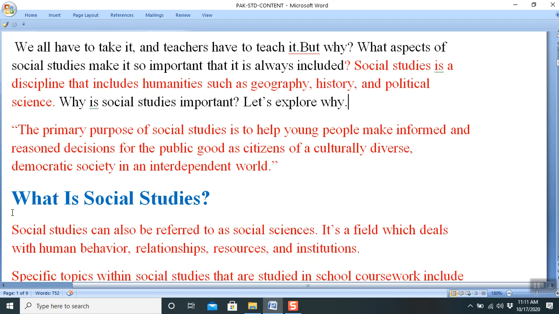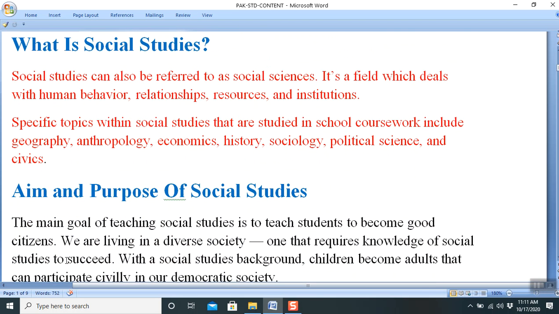Fine. For further definition of social studies, the specific topics within social studies at school, college or university are understanding about geography, anthropology.